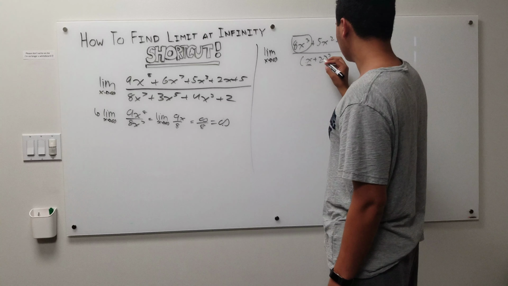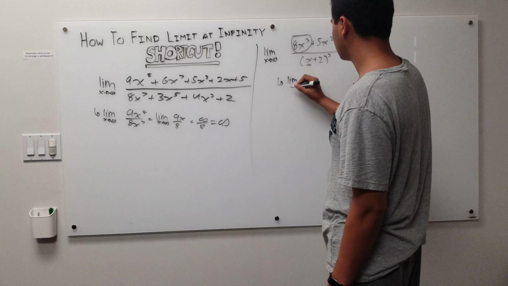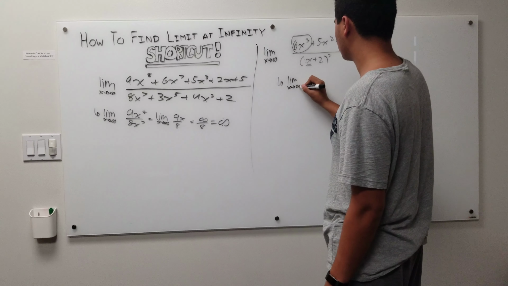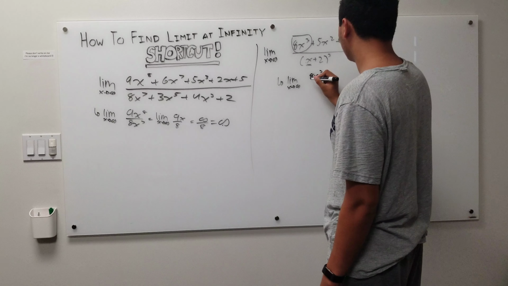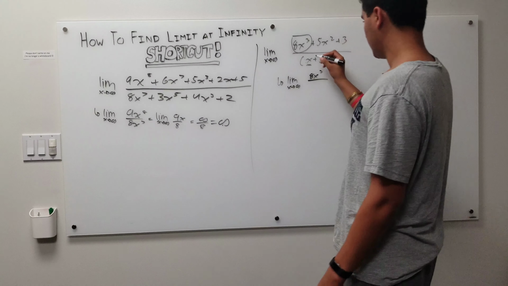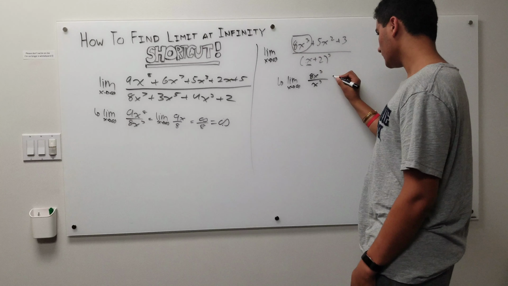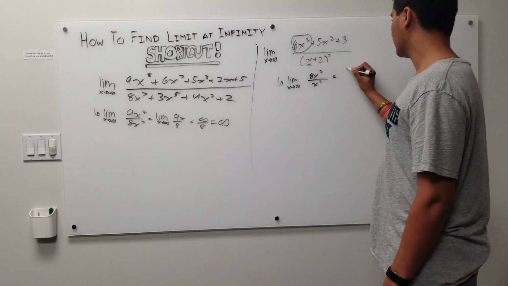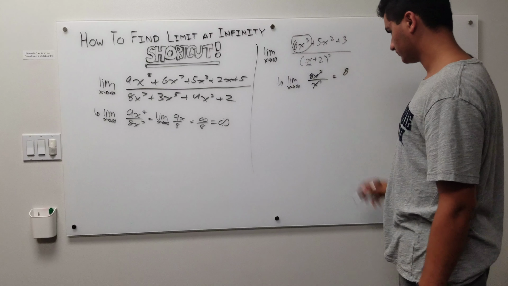So if we cube that value, we're going to get the limit as x approaches infinity of 8x cubed from our numerator over x cubed. If you algebraically divide it out, you're going to get 8, because the x cubed cancel out.